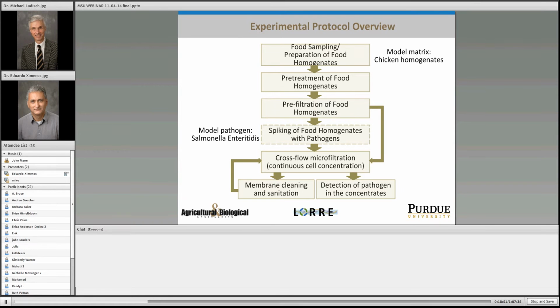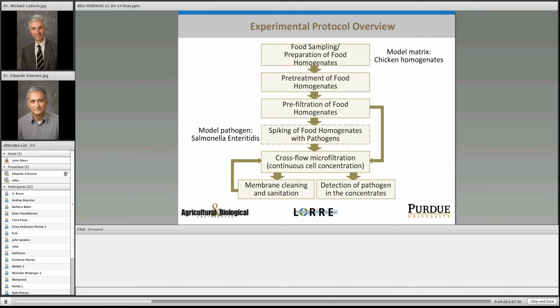And once we concentrate and recover the cells, in this case we use a 0.2 micrometer pore size membrane because the goal here is not to let the microorganisms pass the membrane. The goal is to retain the microorganisms so we can recover them and proceed with the next step, which is the detection of the pathogen in the concentrate.